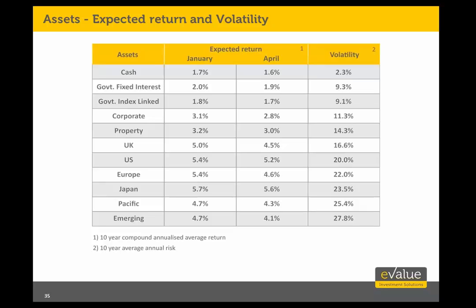So this is basically the return that you would get on your portfolio if you invest £100 at the beginning of 10 years. This is the expected return on that £100 averaged over the 10 years. The volatility is the average of each year's annual volatility within that 10-year period. So that would be the familiar volatility number of 20% quoted for equities.